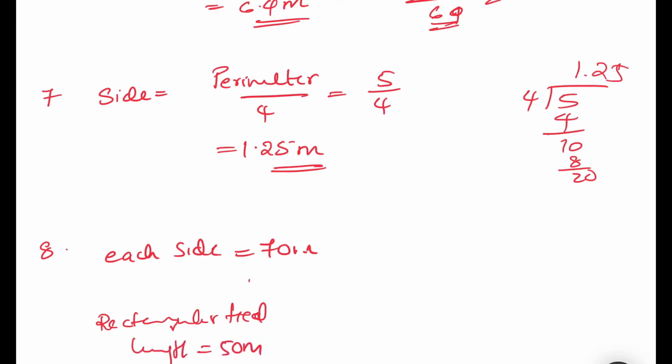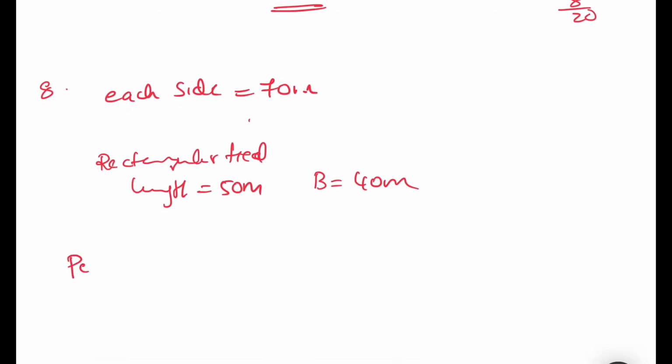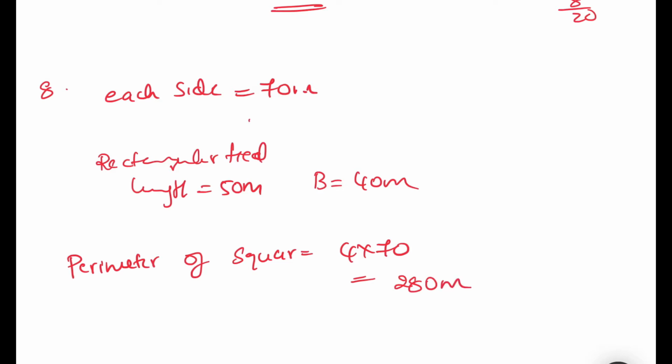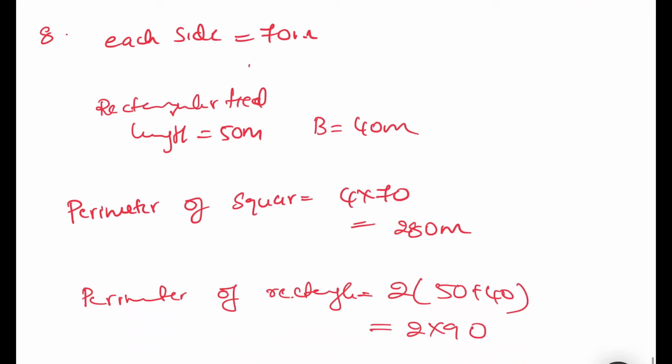If you have to find the perimeter, how will you find it? Perimeter of the square is 4 into 70, that is equal to 280 meters. And perimeter of the rectangle is 2 times L plus B, 50 plus 40, which is 2 times 90, equal to 180. You will get 180 meters.